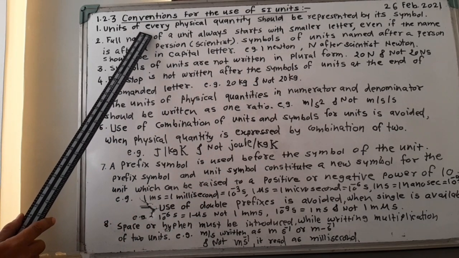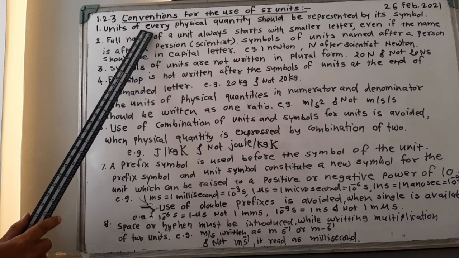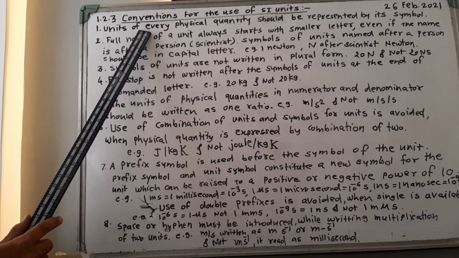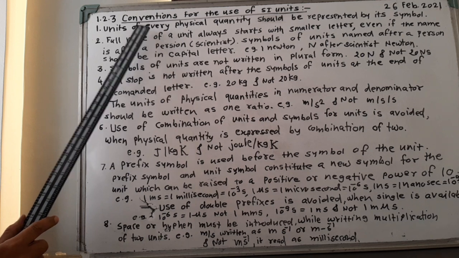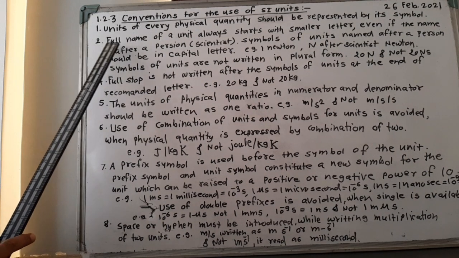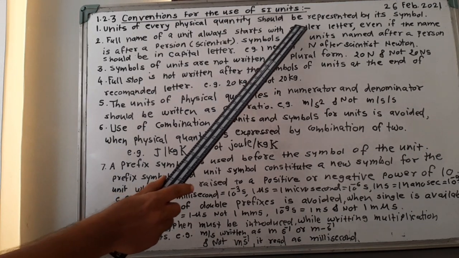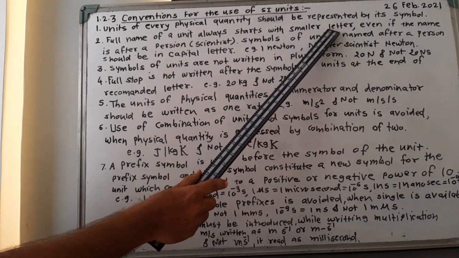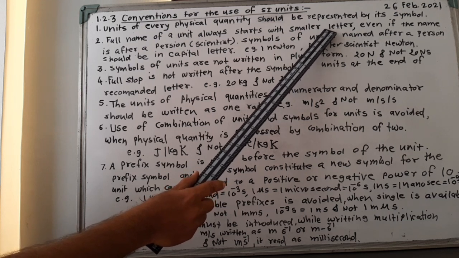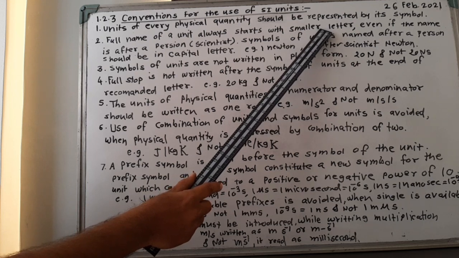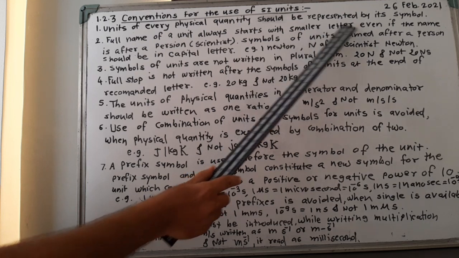That means if you consider the quantity, for example mass, its symbol M should be represented. Second one, the full name of the unit always starts with a small initial letter. For example, when you are writing meter, m should be small.